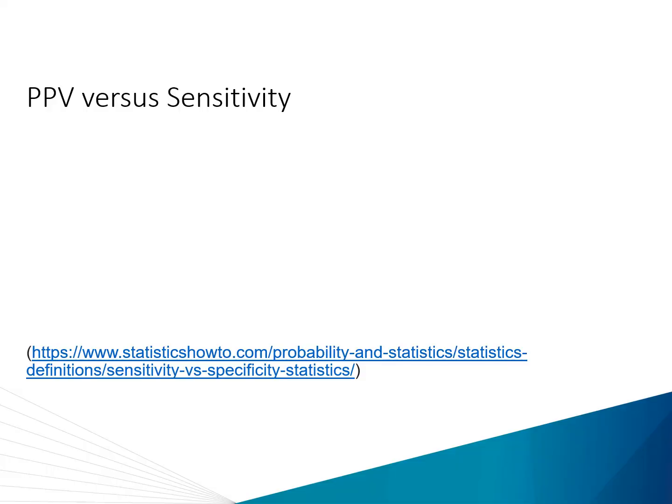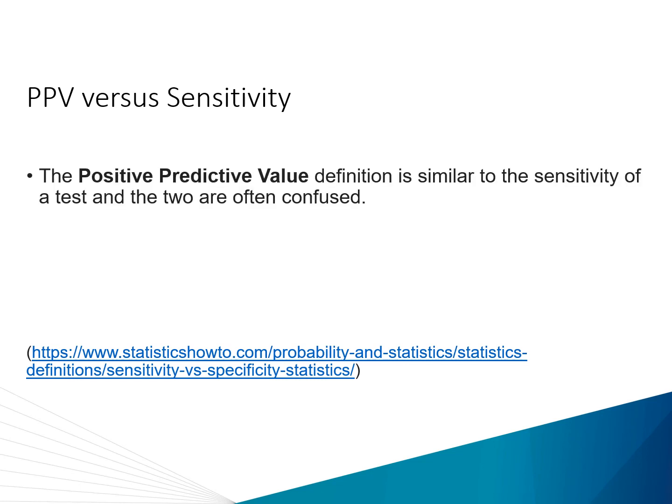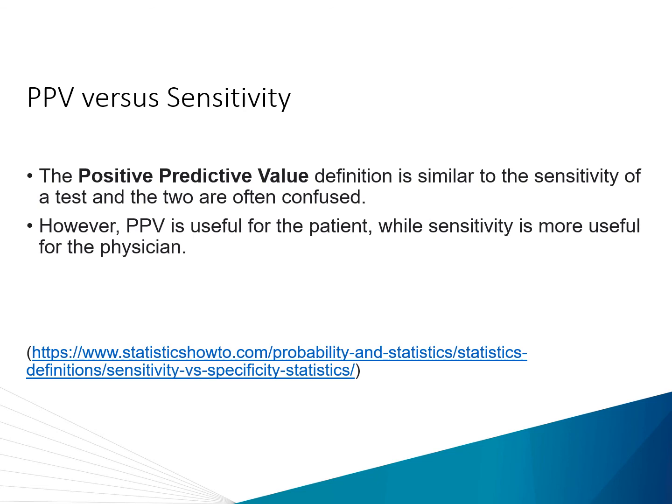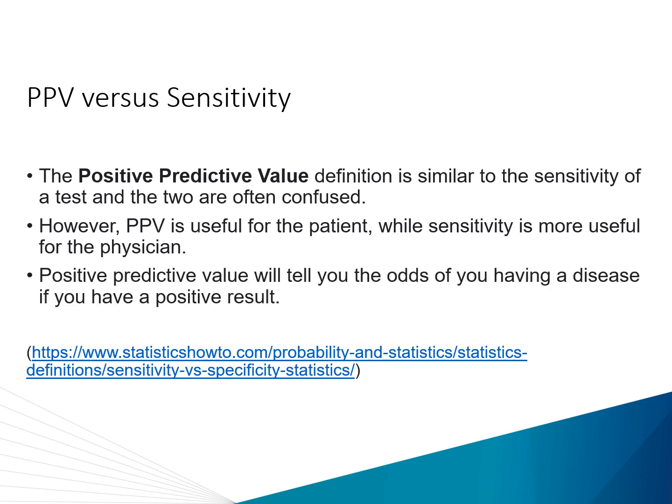So the positive predictive value versus sensitivity can be described as follows. The positive predictive value definition is similar to the sensitivity of the test, but the two are often confused. However, the positive predictive value is useful for the patient, while the sensitivity is more useful for the physician, because the positive predictive value will tell you the odds of having a disease if you have a positive result.